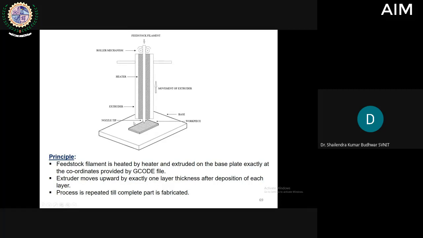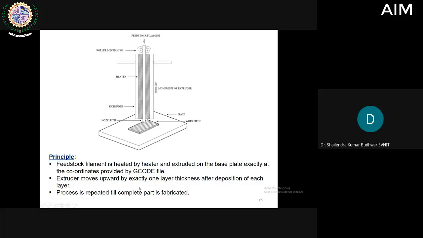And then after making one layer, the table will move along the Z axis in the downward direction, or there may be a mechanism of moving this extruder in the upward direction, but in most cases the table moves along the Z axis. So feedstock filament is heated by the heater and extruded on the base plate exactly at the coordinates provided by the G-code file.